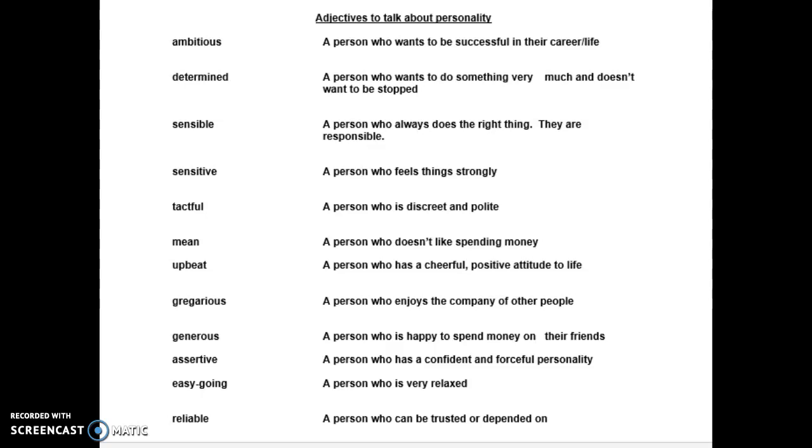The easiest way to do this is to put numbers down the sides of the adjectives and letters down the sides of the definitions, so that when the students match them together, either on the chat box or on a piece of paper, they can just write the number and the letter. For example, ambitious might match with D, so they would write 1D. It's quicker and easier for the students.